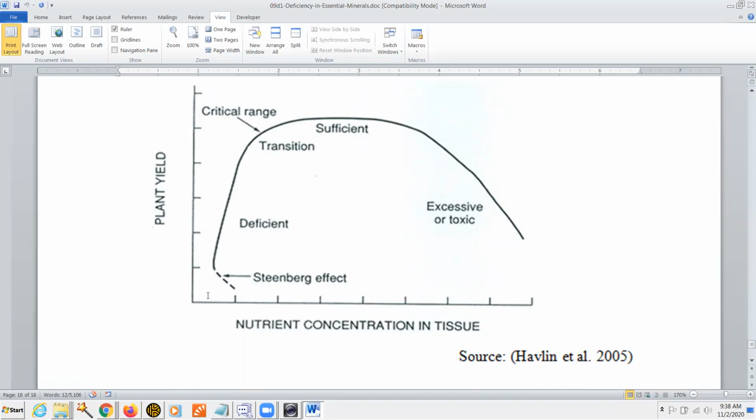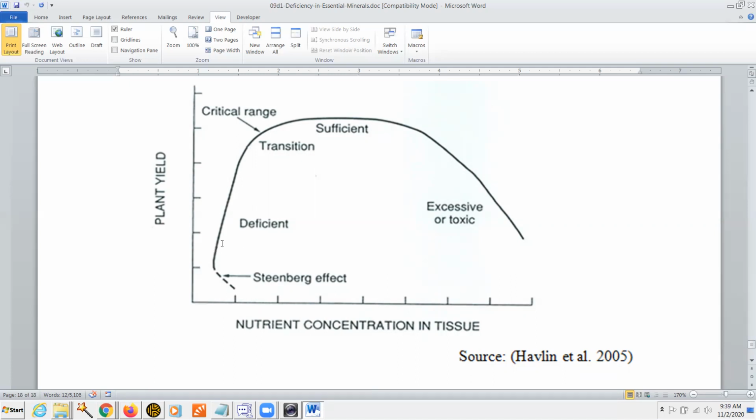So as the nutrient goes up from left to right, the nutrient concentration available to the plant, you start out with this weird thing called the Steenberg effect. I don't get into that here. We talk about that in plant nutrition class, but that's an unusual extreme situation. But usually you're in this deficient range, and it can become very severe, where the plant is damn near dead.